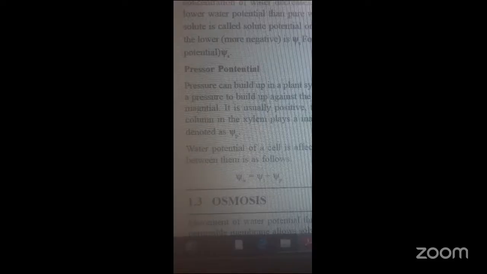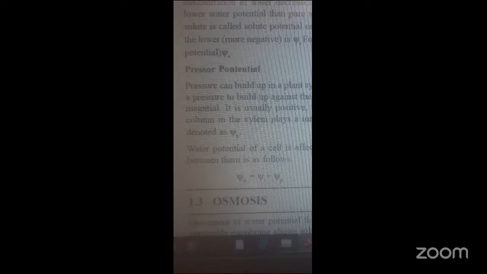So water potential is equal to solute potential plus pressure potential, that is pi w is equal to pi s plus pi p.